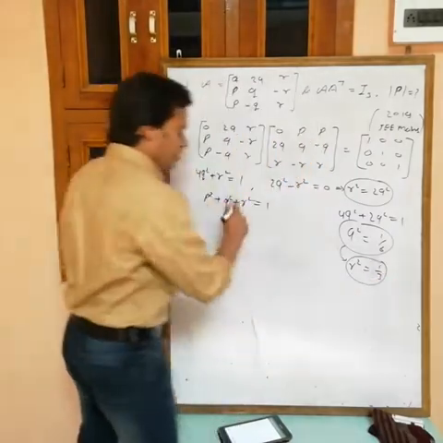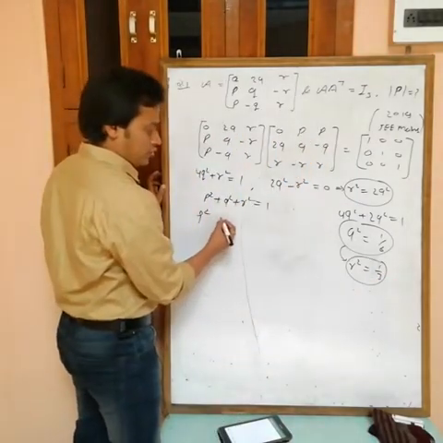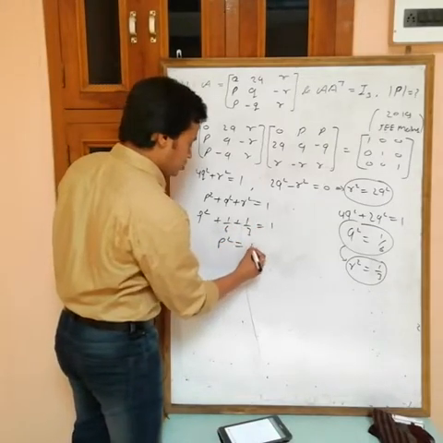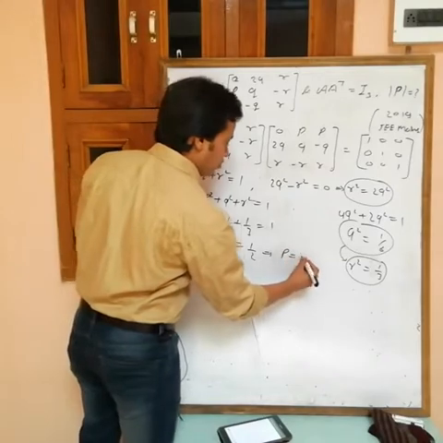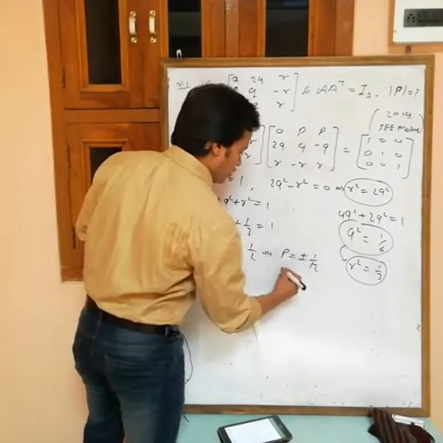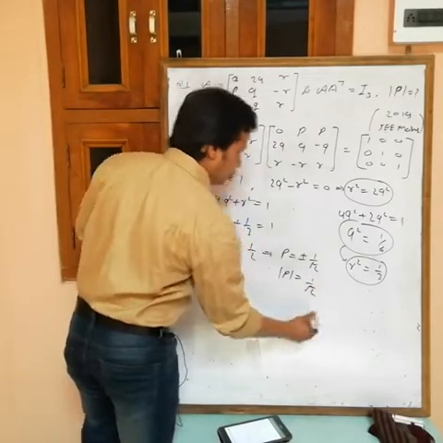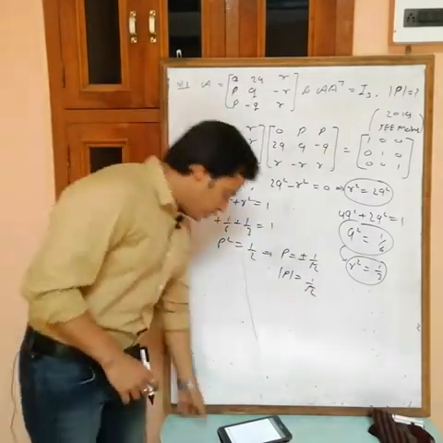Now put the values in p square plus q square plus r square equals 1: p square plus 1 by 6 plus 1 by 3 equals 1, so p square equals 1 by 2, then p equals plus or minus 1 by root 2. But mod of p is always positive, so 1 by root 2. So here option D was correct.